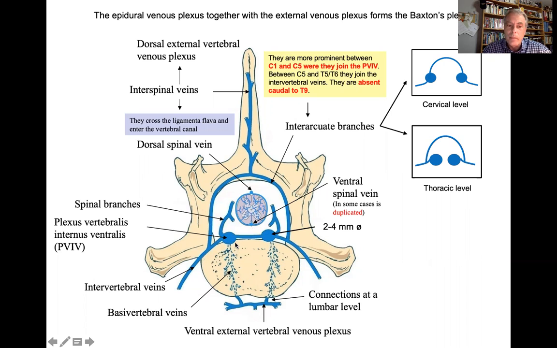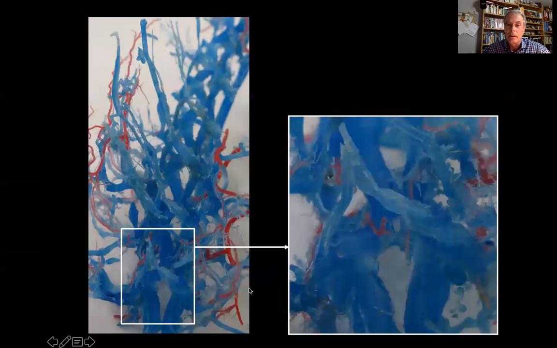This plexus vertebralis internus ventralis receives blood from the spinal cord, but it's also connected with the ventral external vertebral venous plexus through the basivertebral veins that fill the body of a vertebra. You have a corrosion cast, and you see this is the plexus venosus vertebralis internus ventralis.